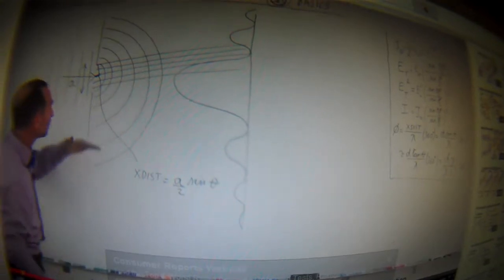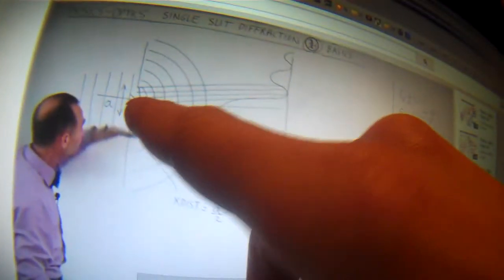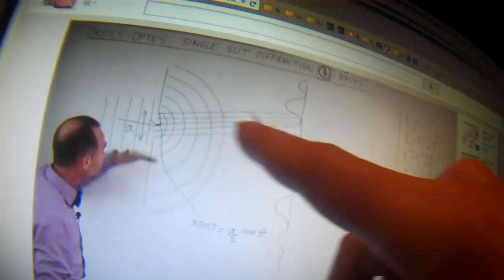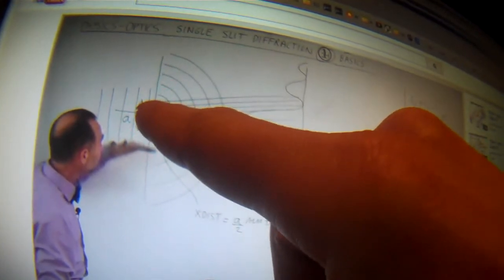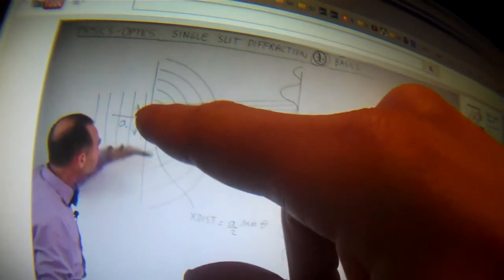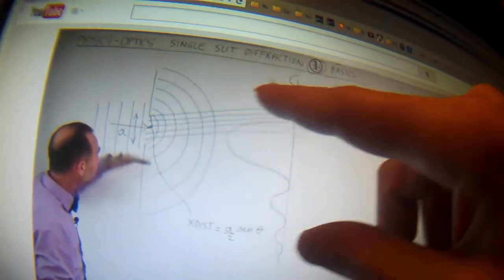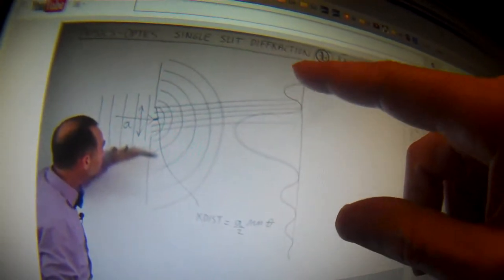For example... Okay, so another point I want to stress again, what I would argue is really happening is that the light coming through the center here has very little diffraction. The light coming to these edges has more. So the closer you are to this edge, the more likely you are to diffract to this furthest point.